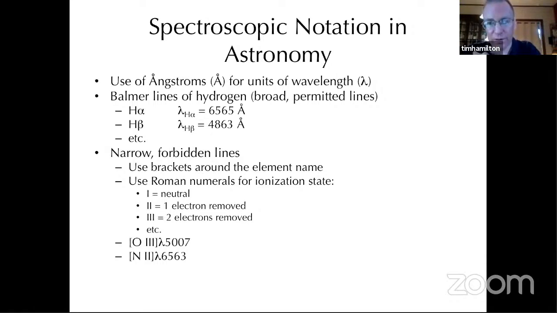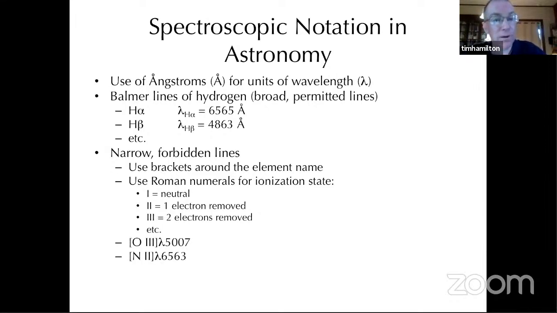The reason is that in the laboratory, we don't have a good vacuum. Even the best vacuum we can produce in the laboratory is many times, orders of magnitude denser than what we get in gas clouds like a nebula in space. And therefore, for these forbidden transitions, it would take the electron a very long time to drop down to a lower level.